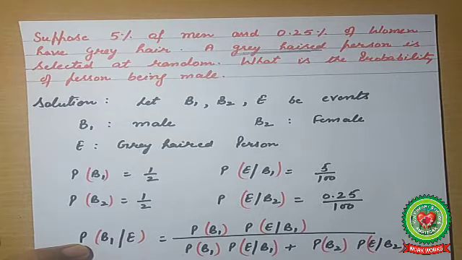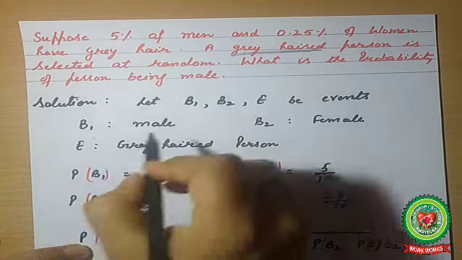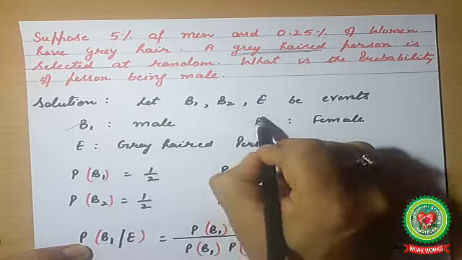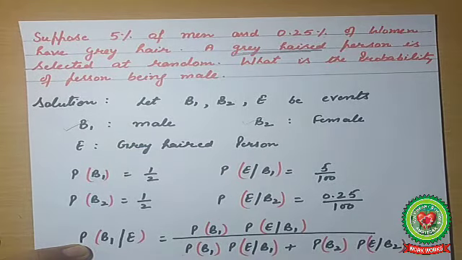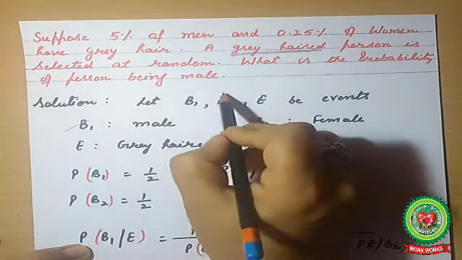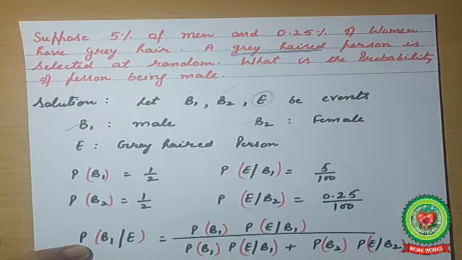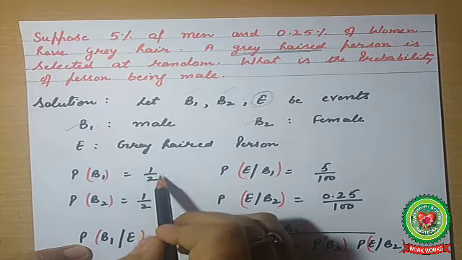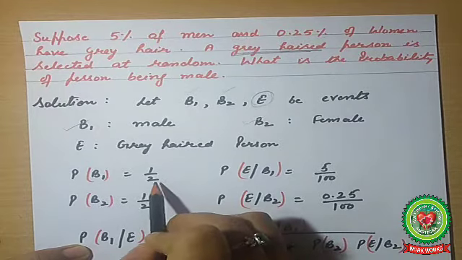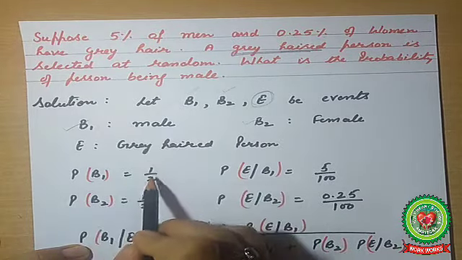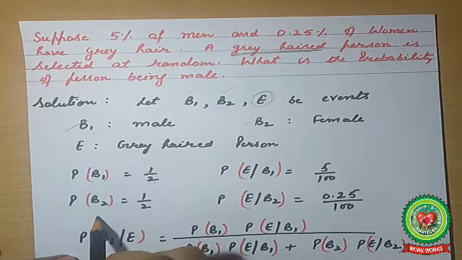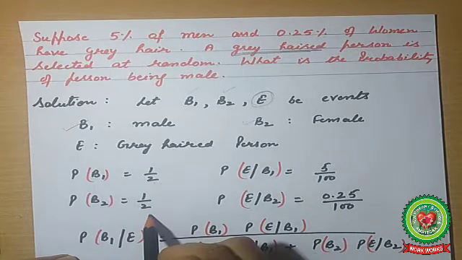Now again, B1 is the male condition and B2 is the female condition, which are already divided for a common event E. P(B1) is equal to 1 by 2 because two persons are there, and B1 is male, so it will be 1 by 2. P(B2) is also equal to 1 by 2.